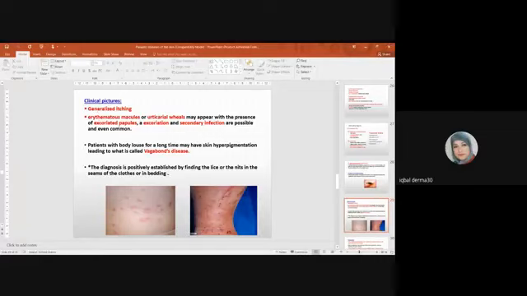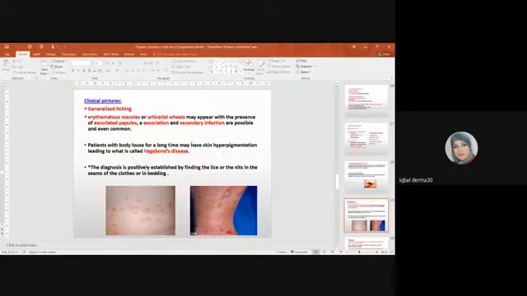Also there are erythematous macules, urticarial wheals, excoriated papules, and excoriation with secondary infection. Disease of poverty and neglect. Therefore, the patient may present with generalized hyperpigmentation if neglected, from chronic itching.